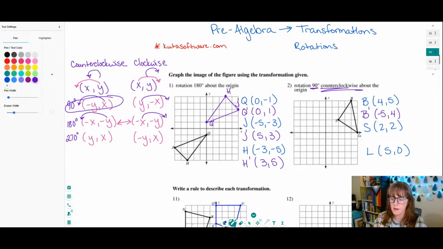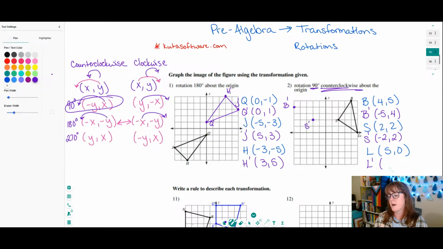So (-5, 4) would be right here, B prime. S prime. Well, since both of these numbers are the same, we're not going to be able to see the switch too much, but this 2 does move to the x position, and we're going to make it negative, and then this 2 switches to the y position, and it stays positive. So (-2, 2), that's going to be S prime.